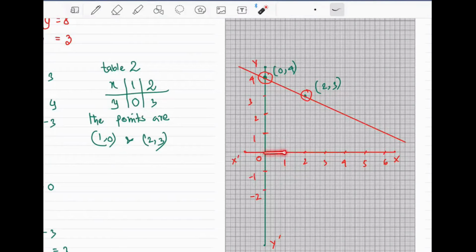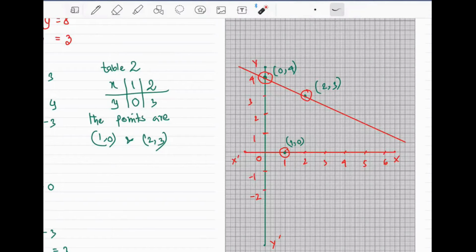So here is your point. This is (1, 0). Remember you have to encircle it for better visibility for your examiner. The other point is (2, 3). It's already plotted, so you don't need to repeat it.